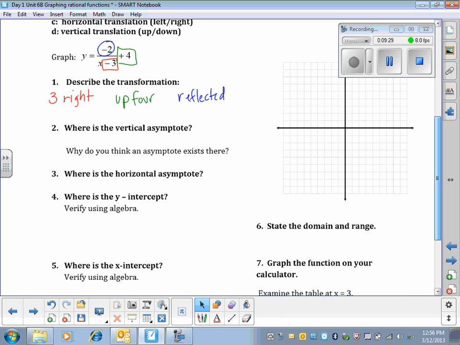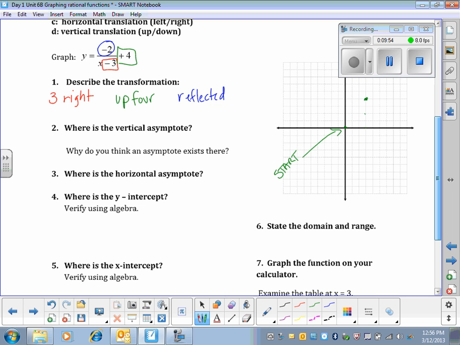So, what you do is you start at the origin. You ready? We're starting at the origin. You start there, and you move 3 to the right, 1, 2, 3, and then up 4, 1, 2, 3, 4.